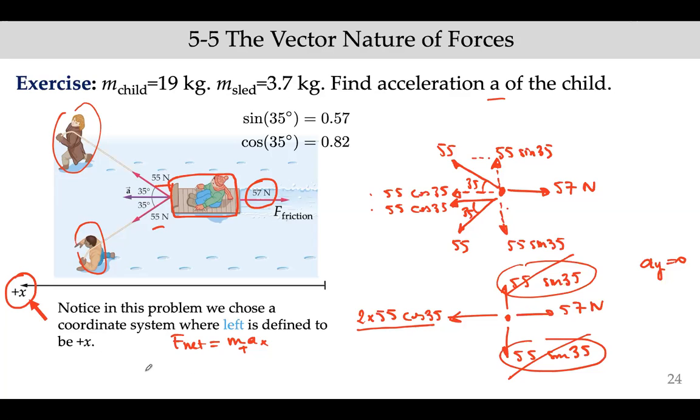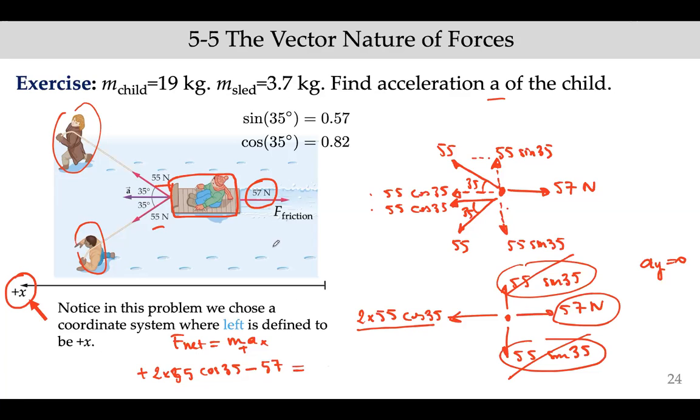So plus 2 times 55 cosine 35. Now 57, it's to the right direction, but it's negative direction for this problem, for the coordinate system that I chose. So it comes with a negative sign.